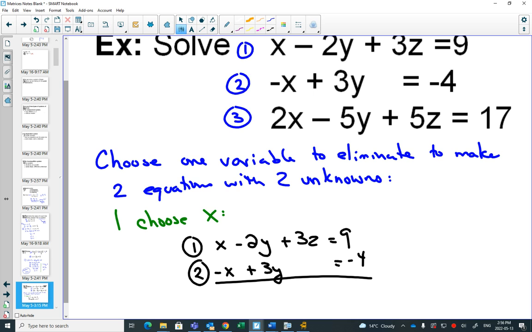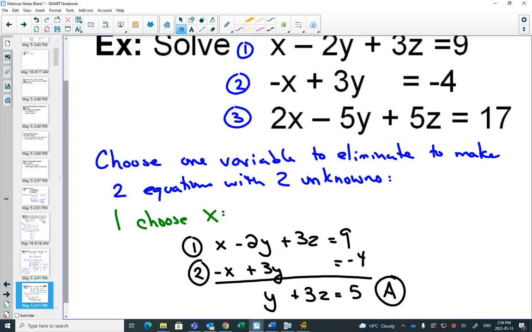If I add those 2 equations together, I'm going to get y plus 3z equals 5. My x has been eliminated. I'm going to call this equation A. I like to use numbers for my first ones, 1, 2, and 3, and then I'm going to make an equation A and an equation B with just y's and z's.